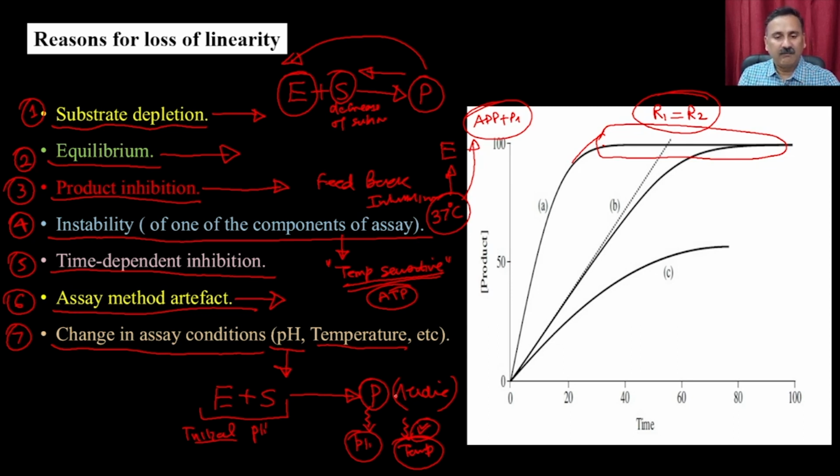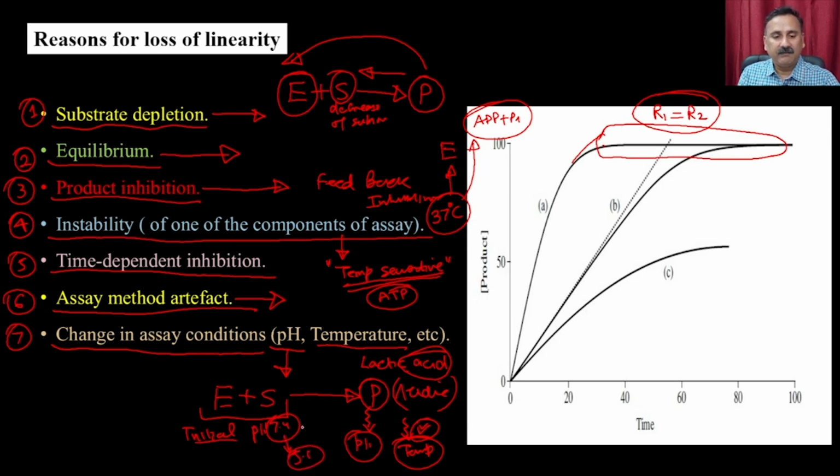If you are forming some acid, for example lactic acid, it is going to impact the pH of the media. Initially the pH is 7.4, but when lactic acid starts being produced, the pH could come down to 5, right?